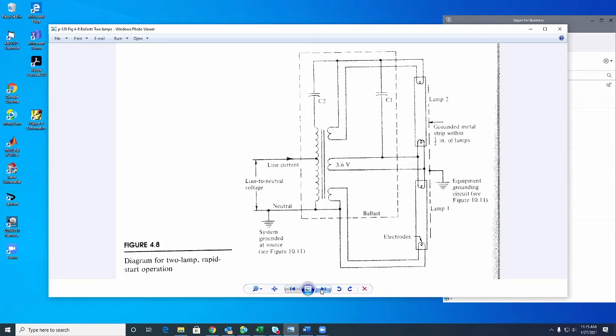Now, every lamp is fed with line-to-neutral voltage, which is 480 divided by the square root of 3, which is 277 volts. Then in a given fixture, we may have 2 or 3 lamps, and that's how they function, okay?